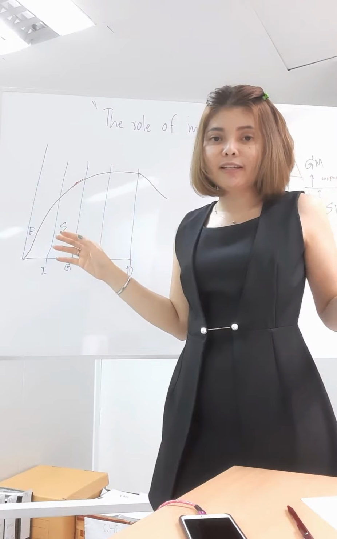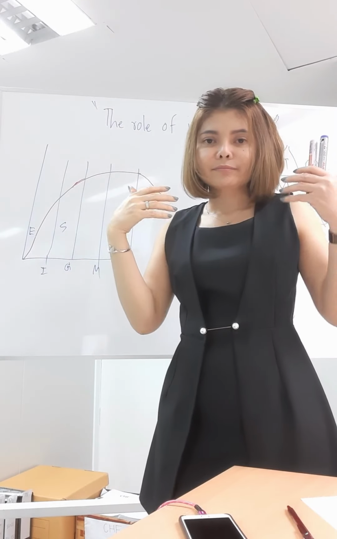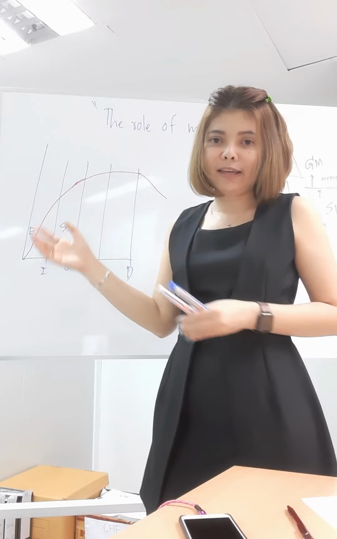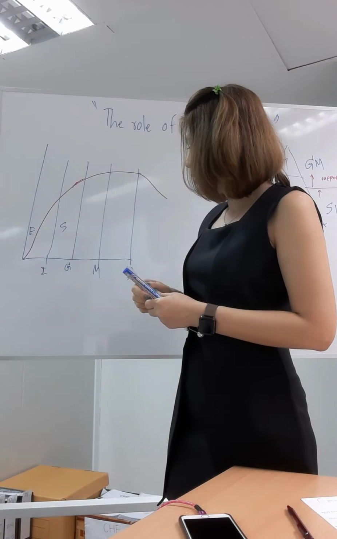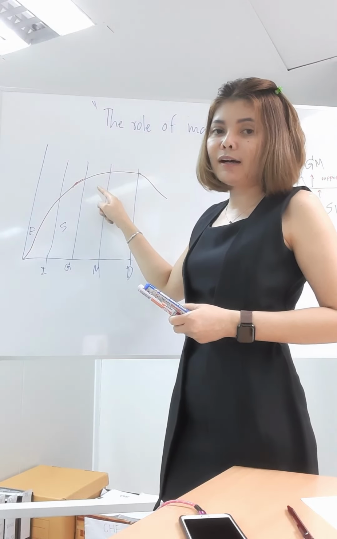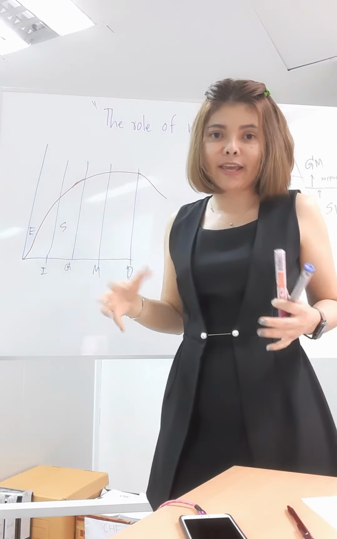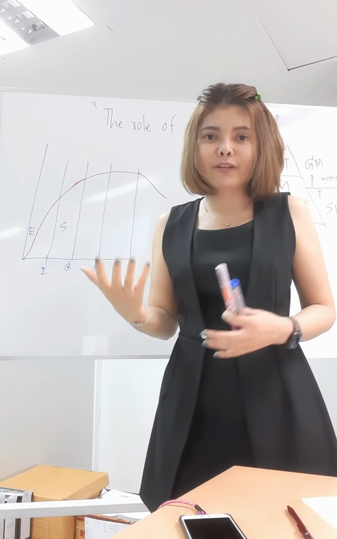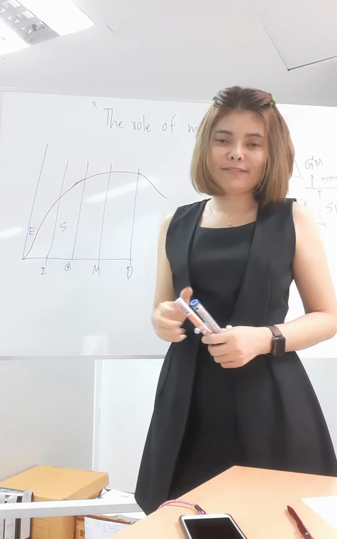Maturity means the sales amount has increased a lot, and at this time the company can continue to get profit. The cash flow shows the profit is so high, right?